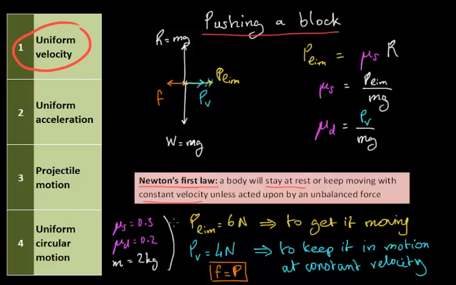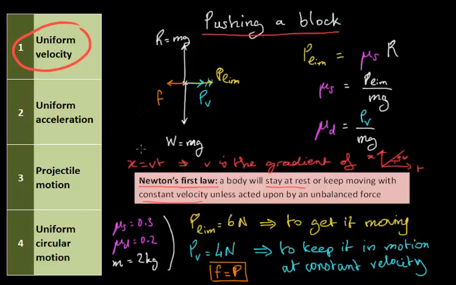Here I took a situation with these numbers. Mu s is 0.3, the coefficient of dynamic friction is 0.2, and the mass is 2 kilograms, meaning that I would need a 6 Newton force to barely get the block moving, and a 4 Newton force, smaller than the 6 Newton force, to keep it moving at constant velocity.